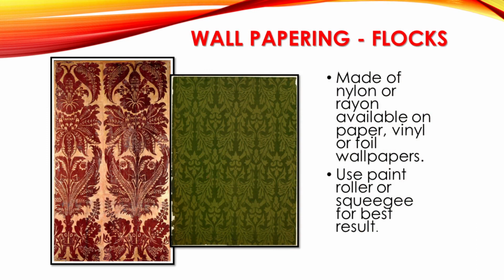Flocks are made of nylon or rayon available on paper, vinyl, or foil wallpapers. In using flocks, use a paint roller or squeegee for best result. Flock wallpaper features a raised pattern on the wallpaper surface, and they have a velour or velvet-like feel.